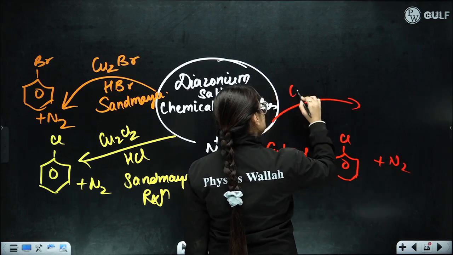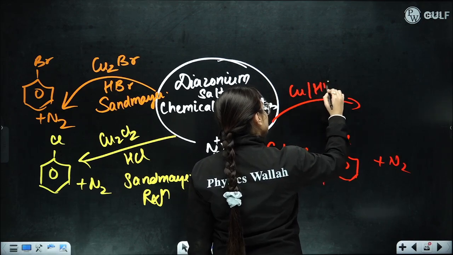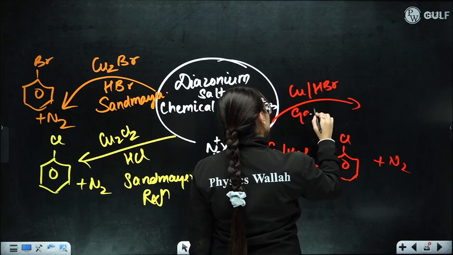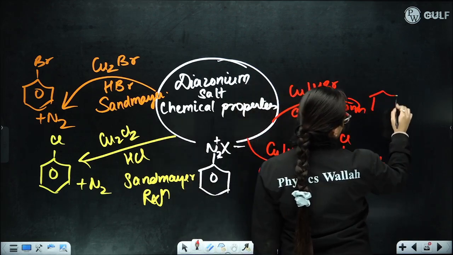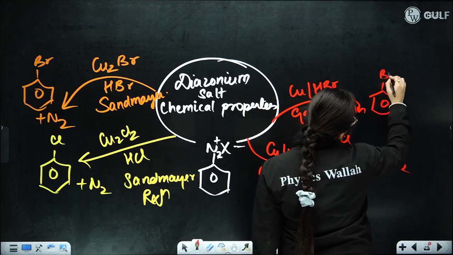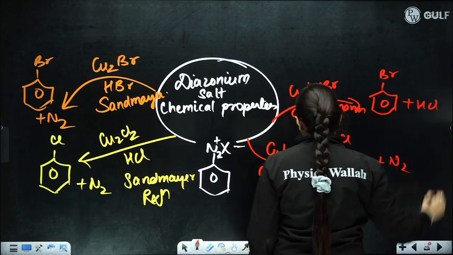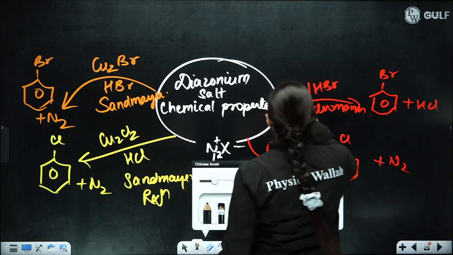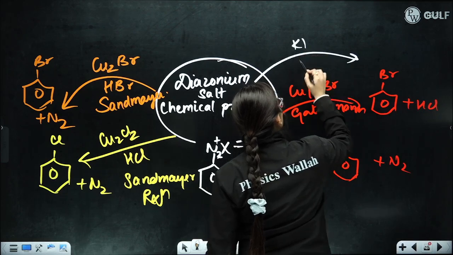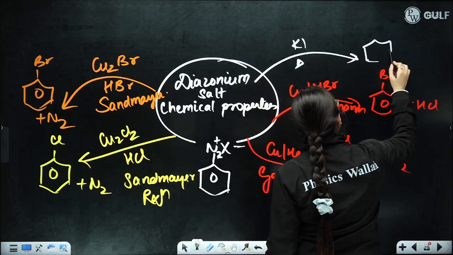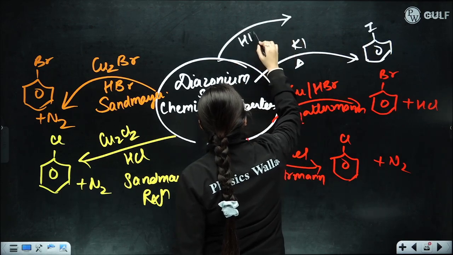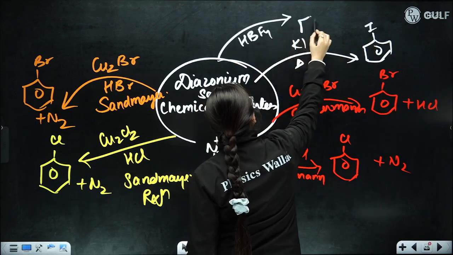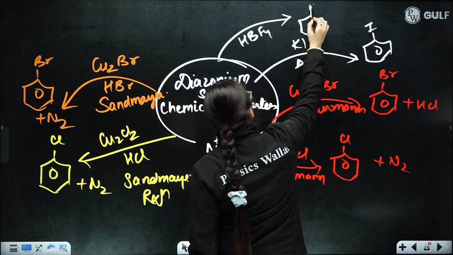If you are taking Cu with HBr, this is again your Gattermann reaction, and you will get bromobenzene. Students, if you are taking KI and heating it, you will get iodobenzene. If you are taking HBF4, you will get fluorobenzene.